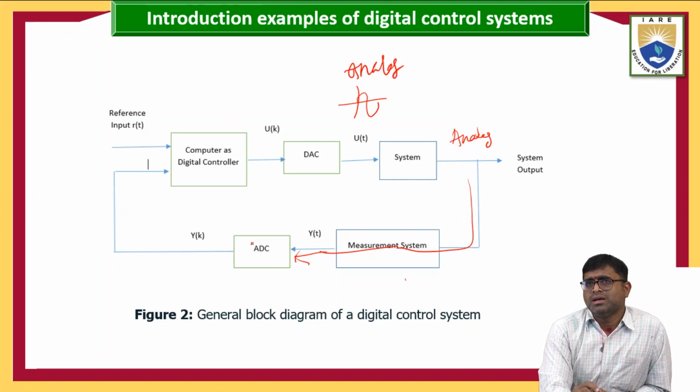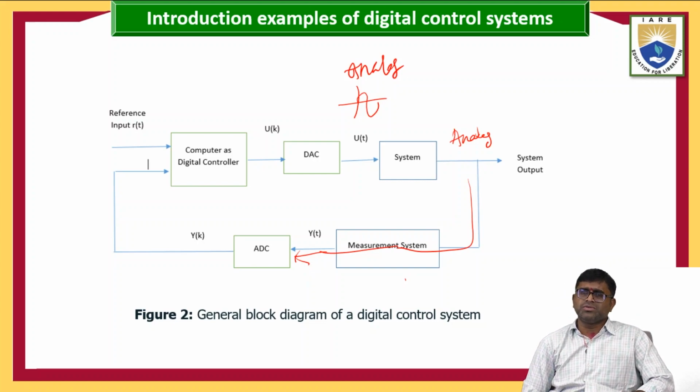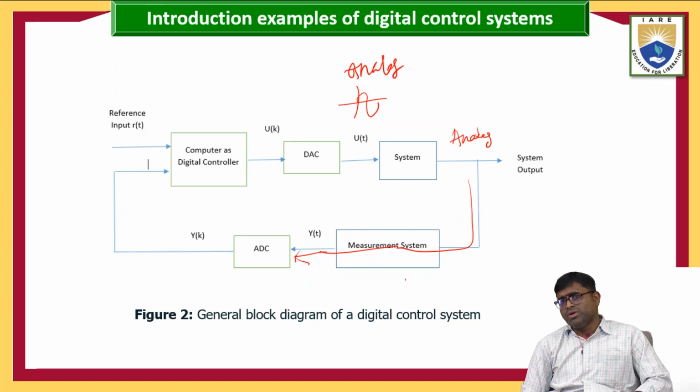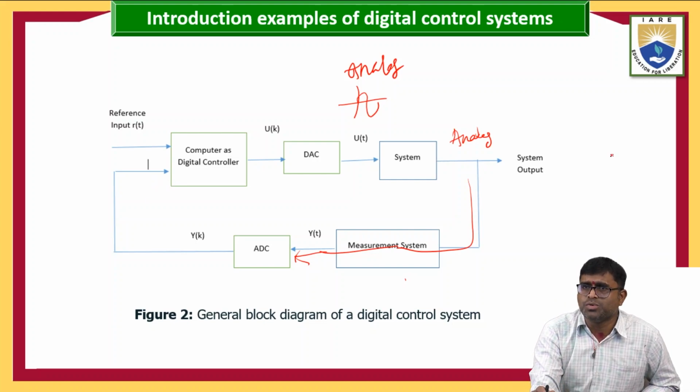The ADC is going to convert the feedback analog signal into digital form. That digital form is given again to the computer for getting the exact output at the output side.